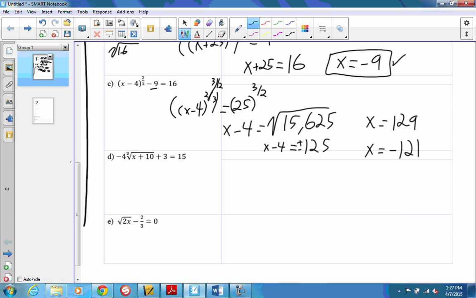Do I need to check those answers? Yes, you do. Plug them in your calculator, or do it in your head, that's fine too. Plug each of those in. Tell me what you get, if they work. Whatever you plug in, don't forget this minus 9 should equal 16.